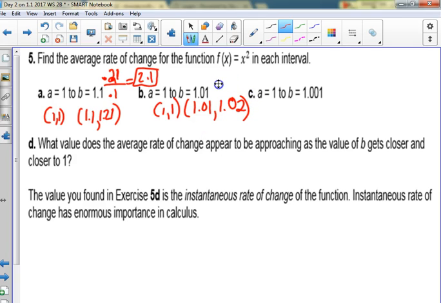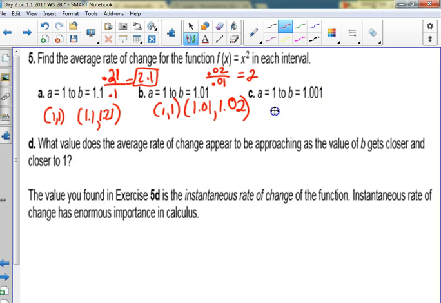Okay. If you subtract to find the slope, 1.02 minus 1 will be 0.02. 1.01 minus 1 will be 0.01. What happens? Did I do this right? Okay. So it's 2? Sorry.